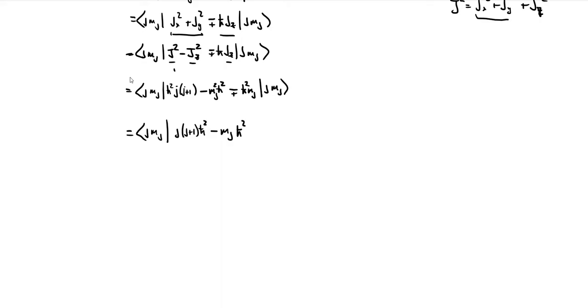Sorry, let me write that in a more clear way here. Minus h bar squared, and then we'll just factor out the MJ times MJ minus plus 1 acting on JMJ, right?